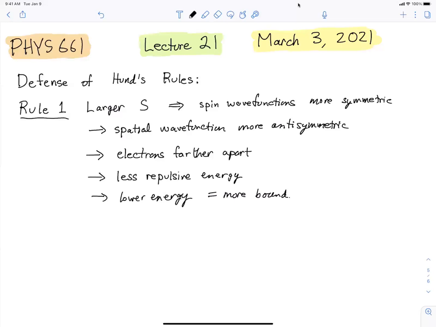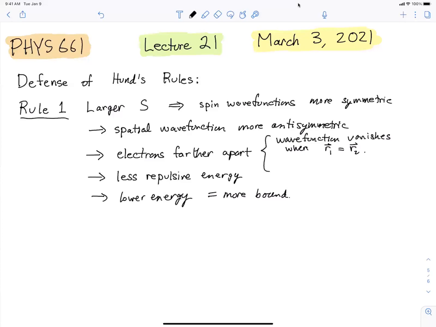The reason for that we can sort of break down like this. If your spatial wave function is antisymmetric, that means the wave function vanishes when the electrons are on top of each other. So it vanishes when, for example, r1 for one of the electrons is equal to r2 for a different electron. Okay, but the wave functions tend to be continuous functions.